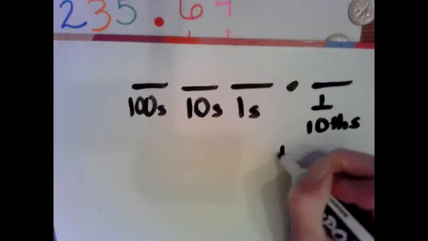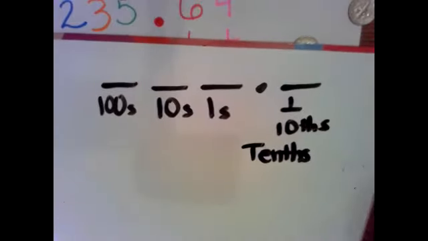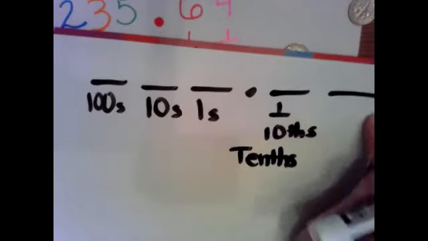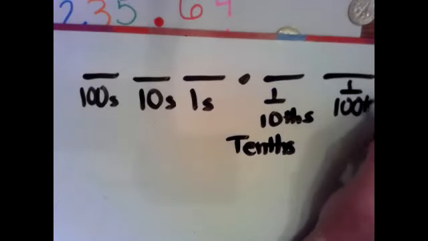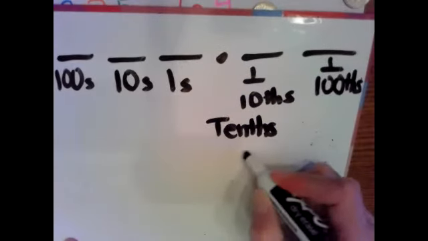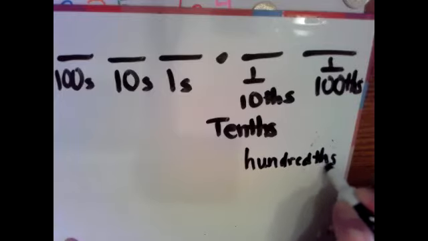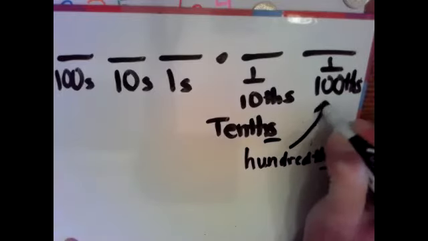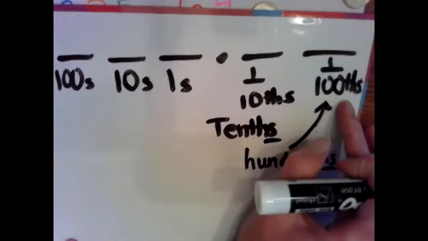And then we also have the hundredths. As a fraction, that is 1/100th. I'm running out of space, I'm sorry, awesome fourth graders. Both of those have a THS at the end. I couldn't squeeze it in because of my fat marker, but that's what we name this place.